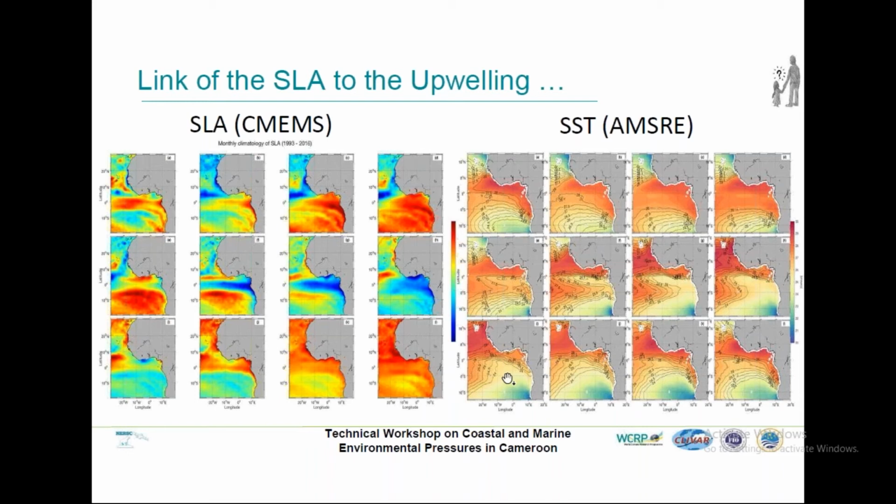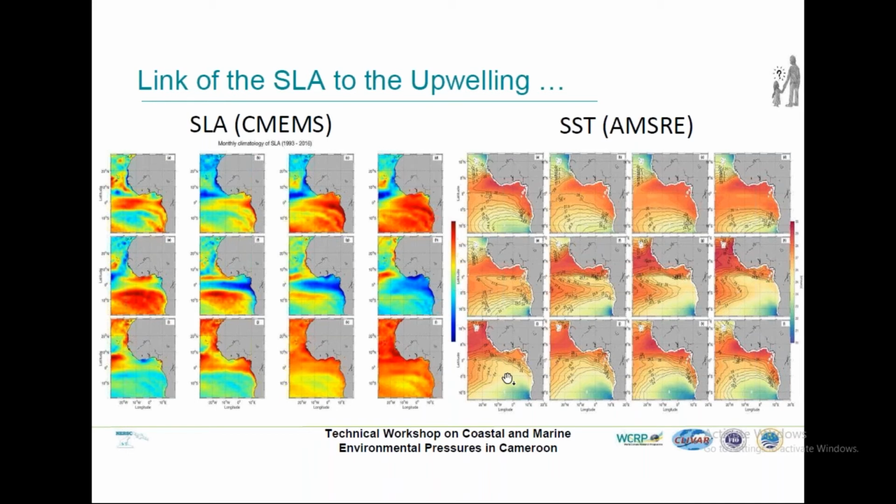You find that this sea level anomaly matches very well with the SST, the sea surface temperature, which gives us the variation of temperature of the water.